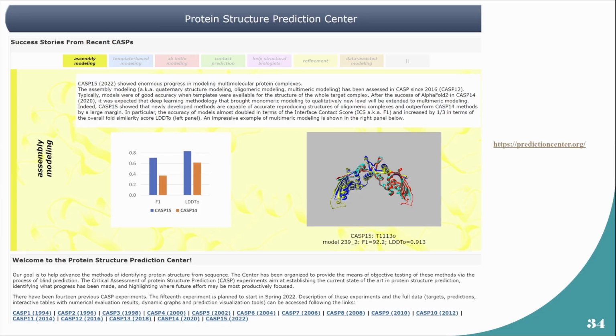So Professor John Moult and his colleagues started this CASP competition, the Critical Assessment of Protein Structure Prediction, in a way that allows different research groups who are trying to solve the protein folding problem to assess their algorithms in a biennial competition.